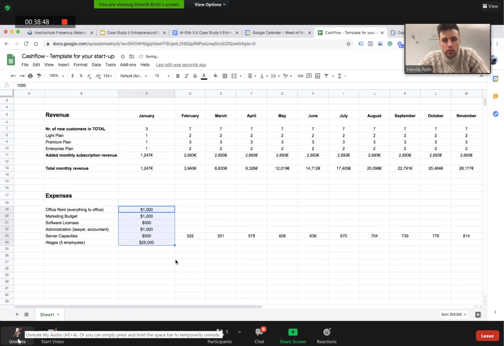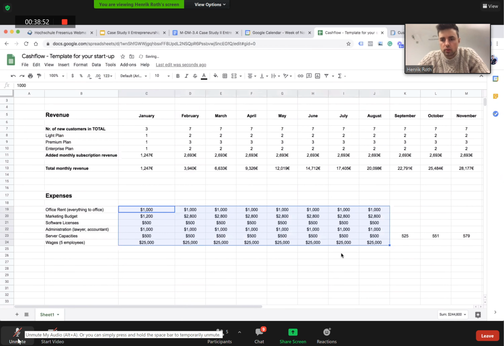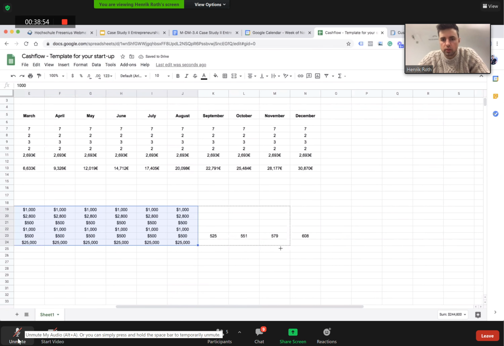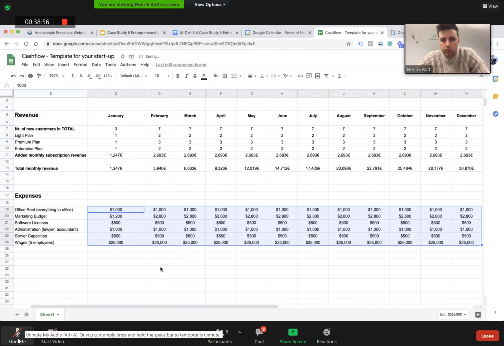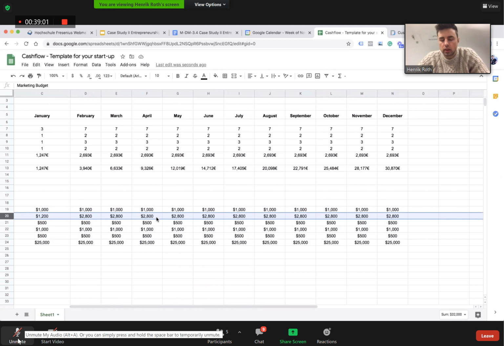It's easier now. So you see here, the marketing budget is increasing to 2,800 euros because now every month we're getting 7 people.